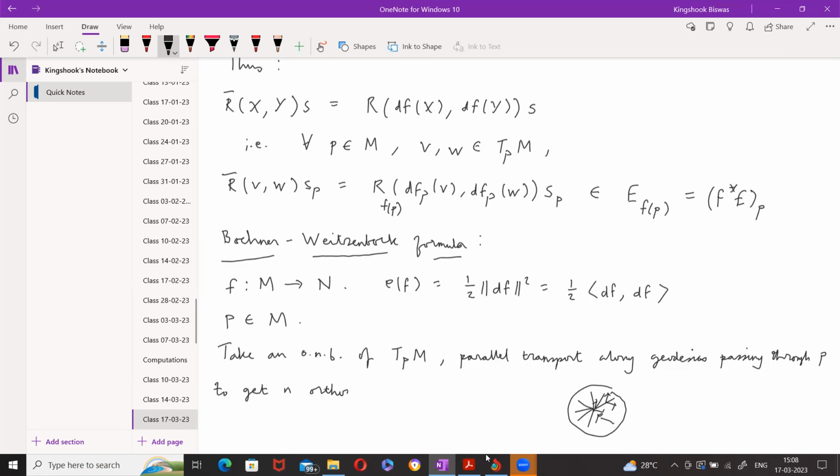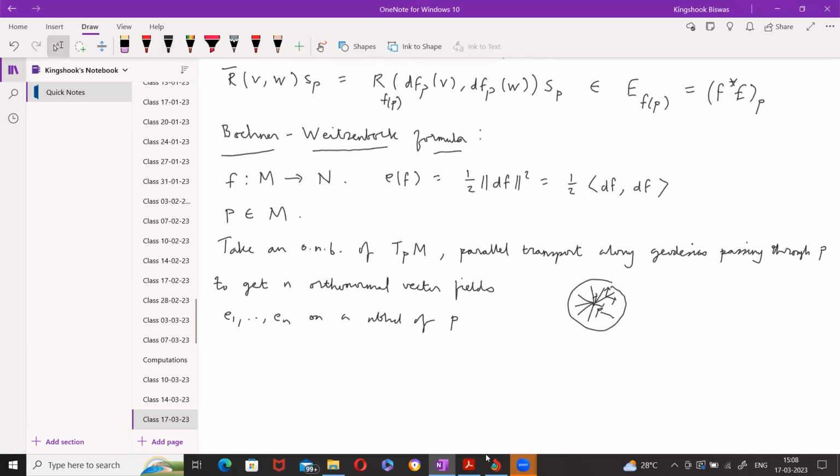So we get n orthonormal vector fields e_1 to e_n on a neighborhood of p, such that, because at p these are given by parallel transport along geodesics passing through p, the covariant derivative of any of these vector fields in the direction of a tangent vector at p will be 0.